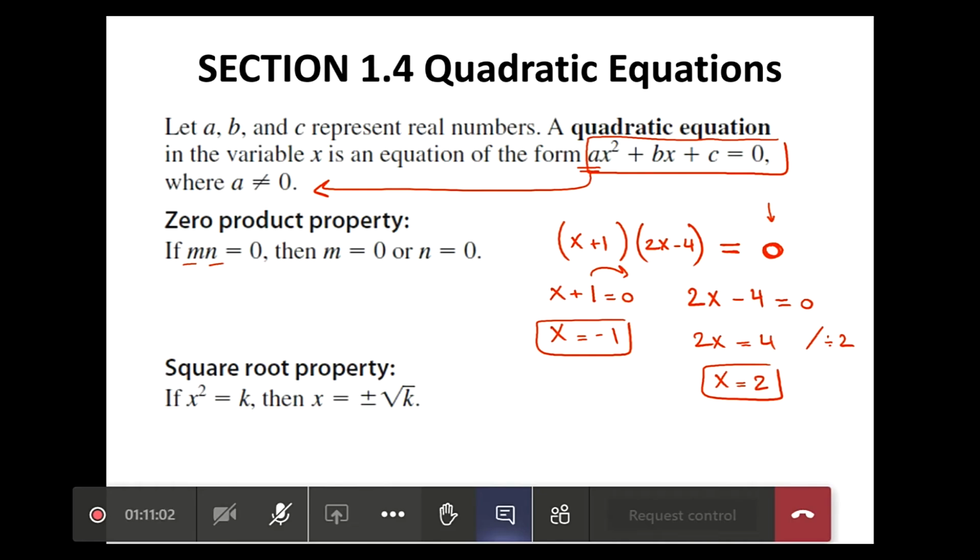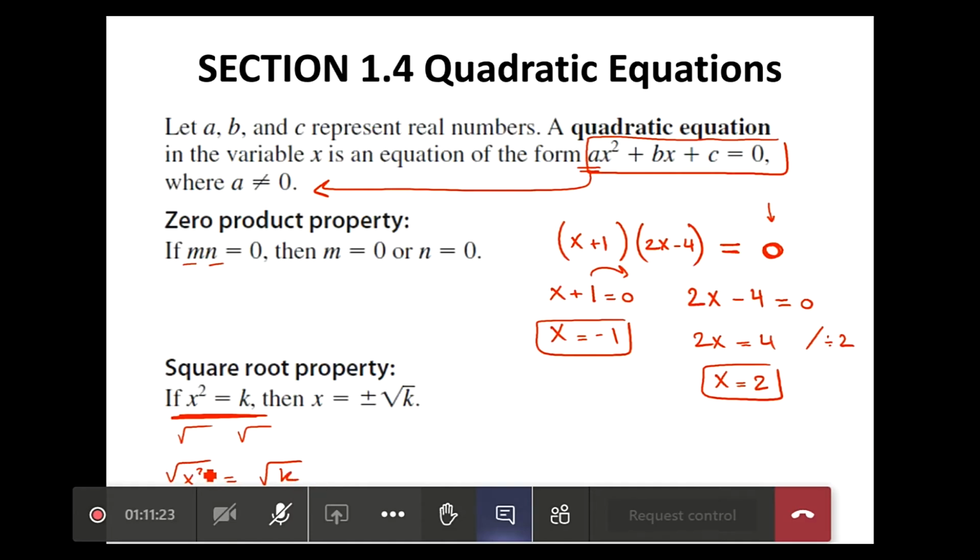Okay, now sometimes we have an example x square equals a number. X square equals a number k, we can take the radical of both sides. So we have radical x square and radical k.